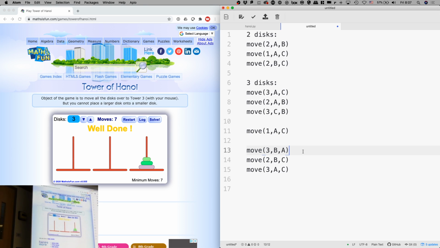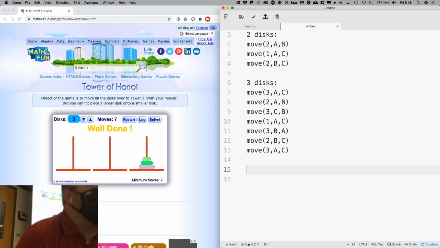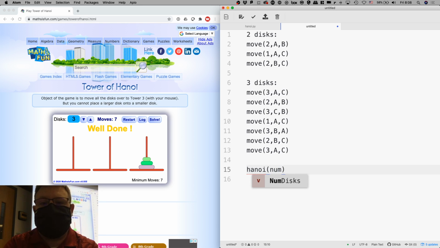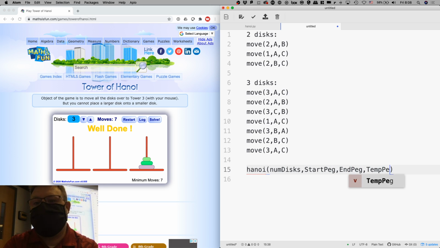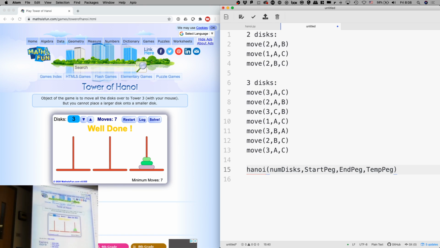So what this means is, as a mathematician might say, we'd go in for the kill at this point. Let's define the general function. I'm going to make a function that takes in the number of disks and 3 things: the name of the start peg, the name of the end peg, and the name of the temporary peg.